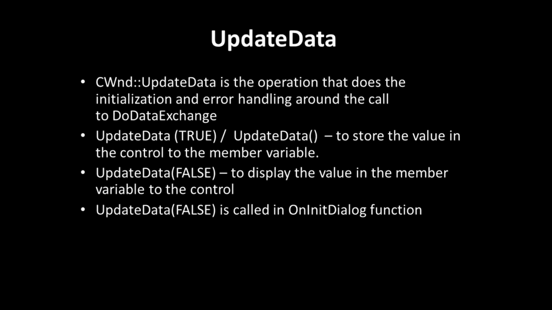Normally we show the gender as either male or female. So by default, if you want to set the gender as male, then we can use UpdateData(FALSE) and you assign the value to the member variable which sets the radio button of the gender, right? So that is when we call UpdateData(FALSE).